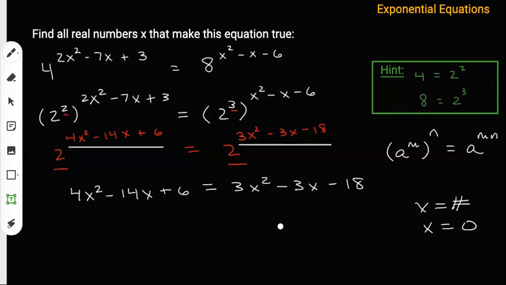So to do that, I need to make the right side equal to 0. To get rid of the 3x squared, I can subtract it from both sides. So I subtract the 3x squared from both sides. To get rid of the minus 3x over here, I can add 3x to both sides. And then the minus 18, I can add it to both sides.